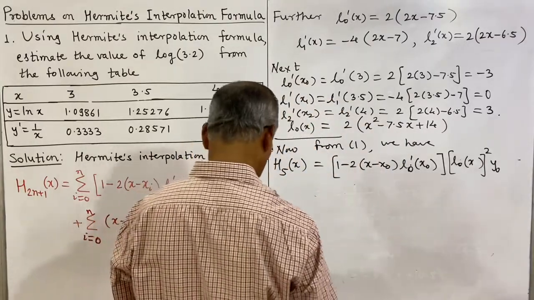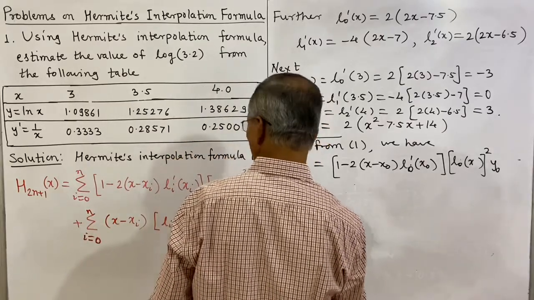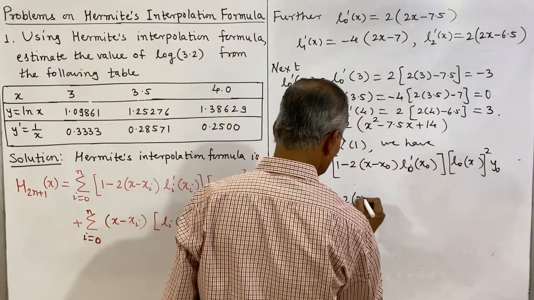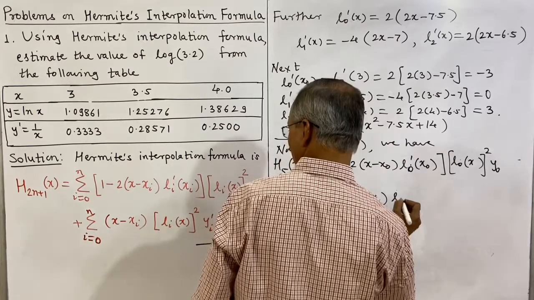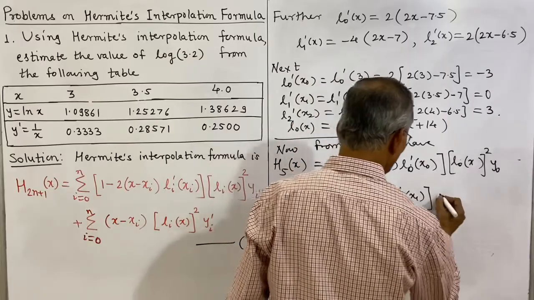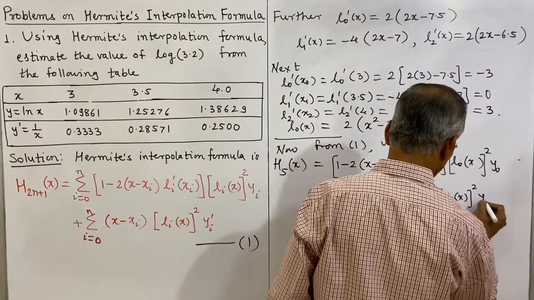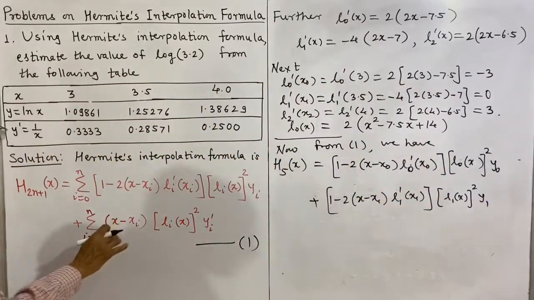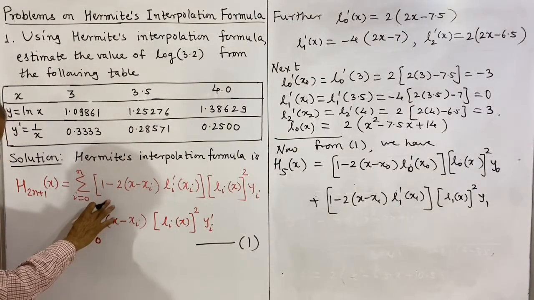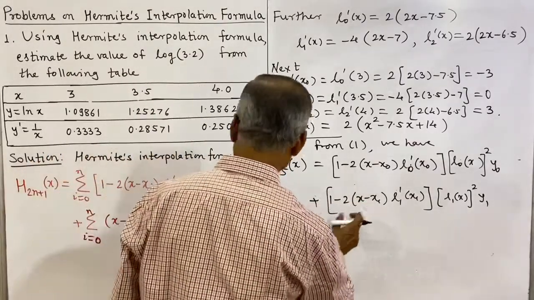Plus the next term is, put i equal to 1, so it will be 1 minus 2 times x minus x1, L1 dash x1, multiplied by L1 x whole square y1. We are writing only 3 terms of this expression, and then after completing this sum we will write the second term. So this is the second term we have written, i is equal to 1.